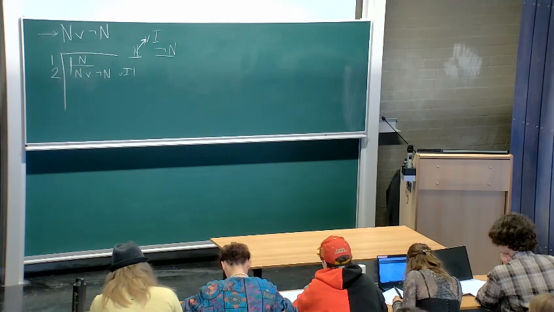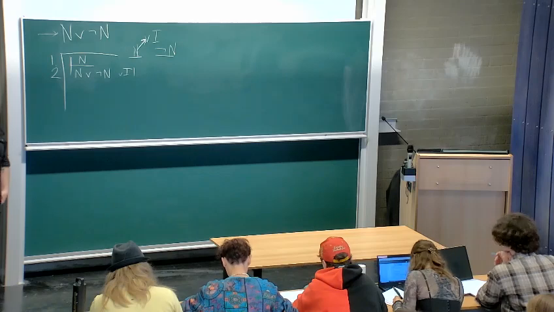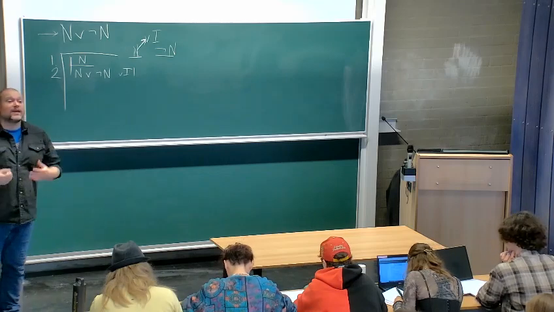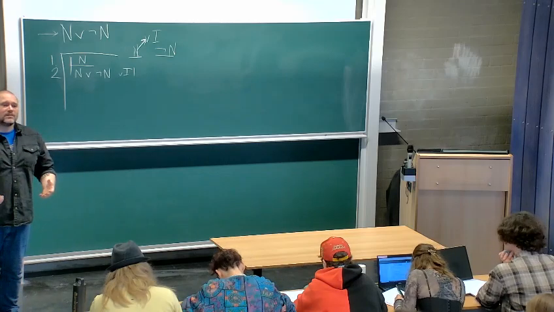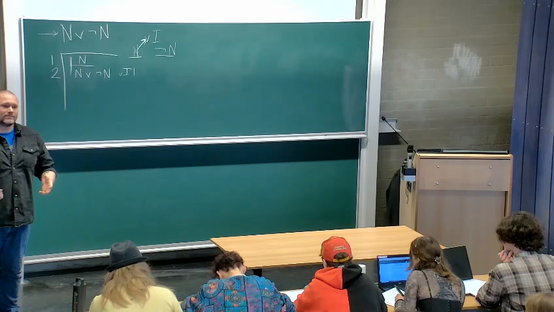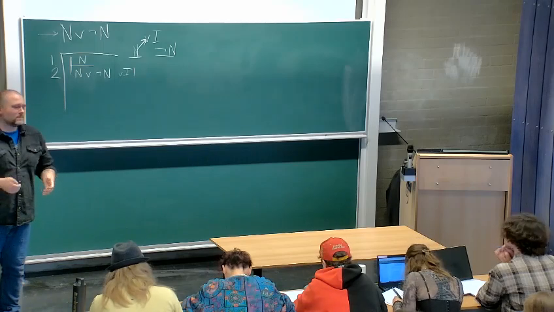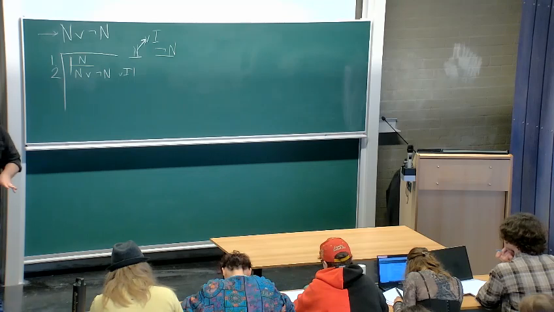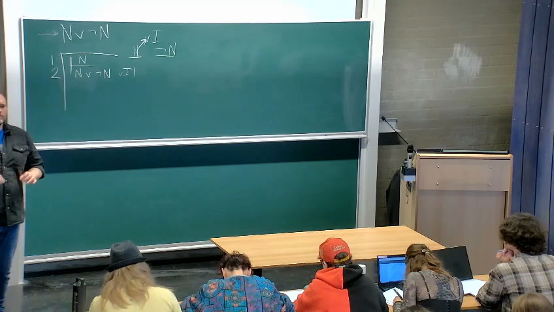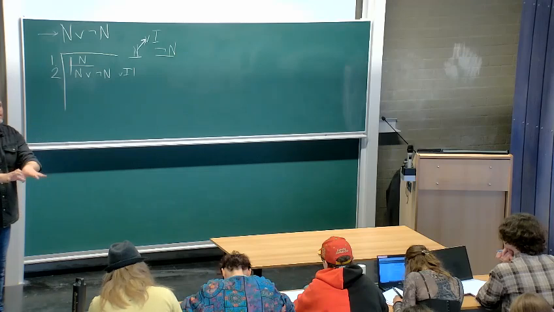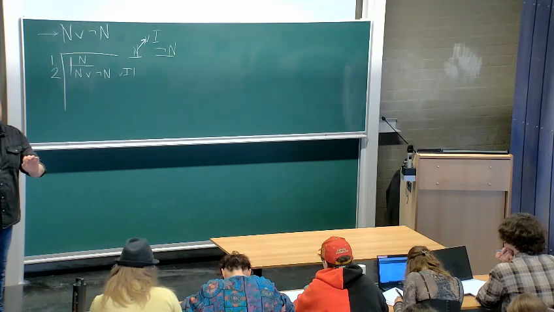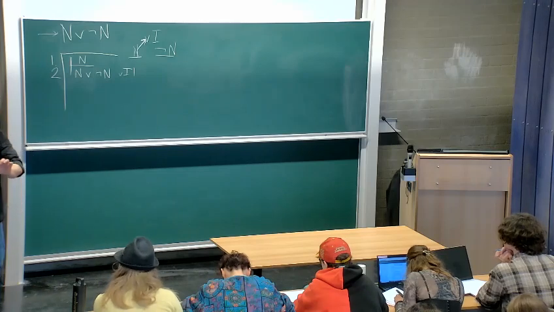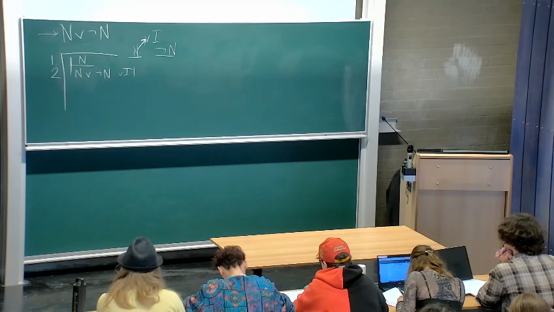Yeah. So if you read out what we just did in lines 1 and 2, what would it be? Good. So it would say, if N is true, then N disjunction not N is true. That's interesting. But now, what do we want to do at line 3? Let's look at the list. Look at the rule for TND. Do we want to prove the negation of not N?